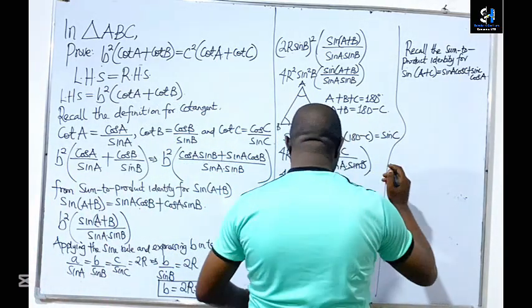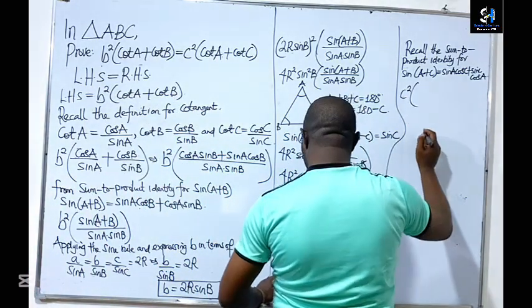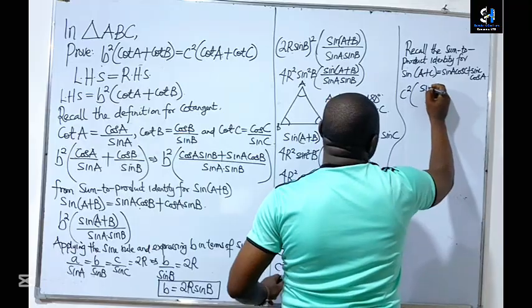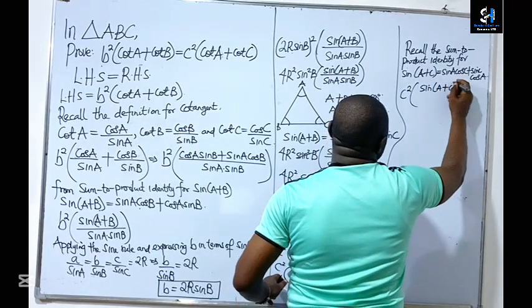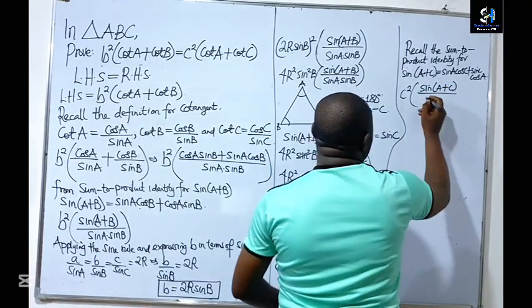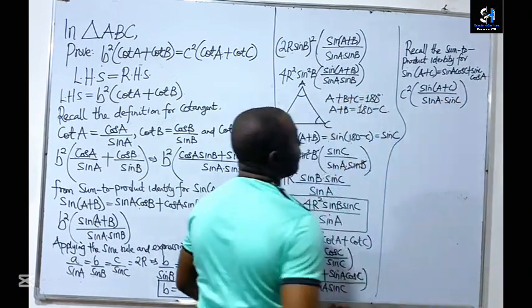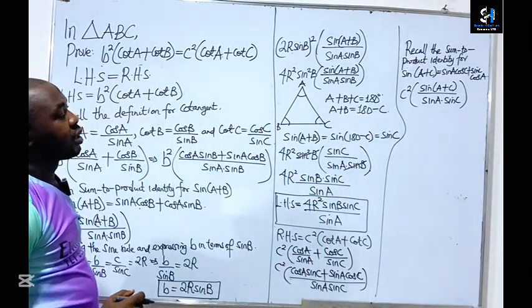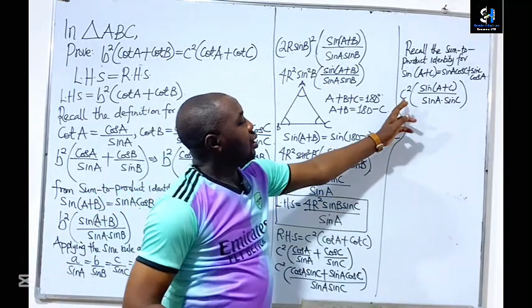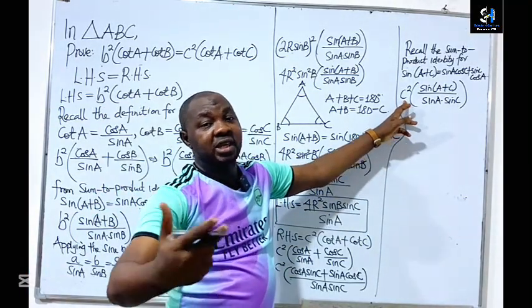So we have C squared (sine (A plus C)) divided by sine A sine C.